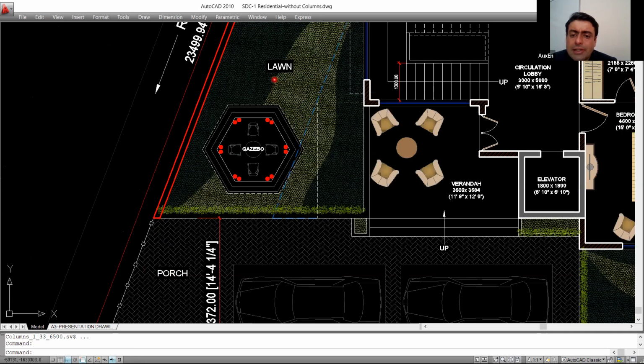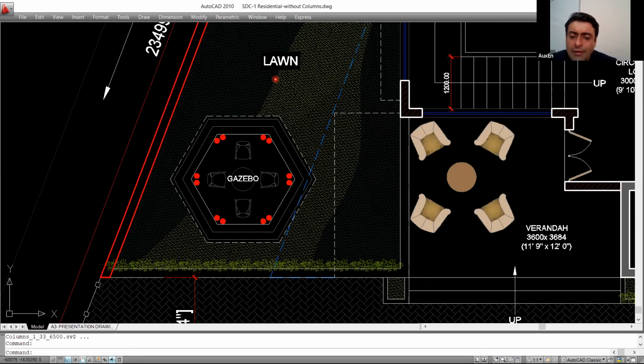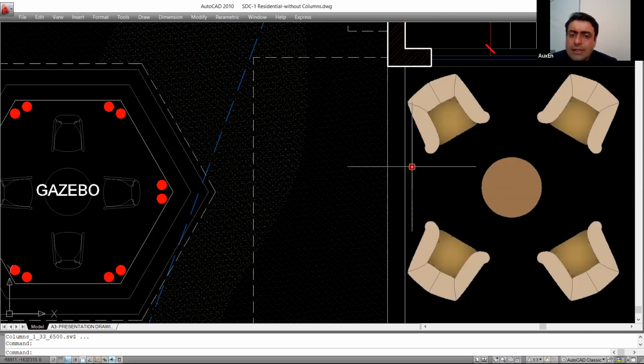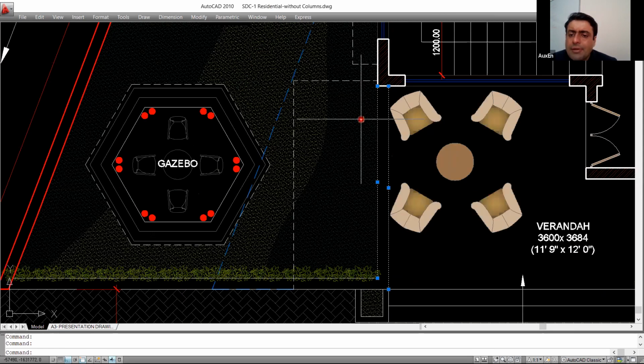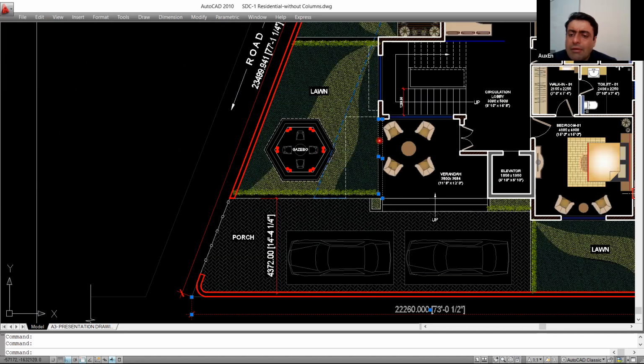Now this lawn will be at a slightly lower level, isn't it? So you can see this one step. Perhaps this is not a step that they are trying to indicate. So you will have one step and then you will reach your lawn level. Why is the lawn kept at a slightly lower level than the plinth level?